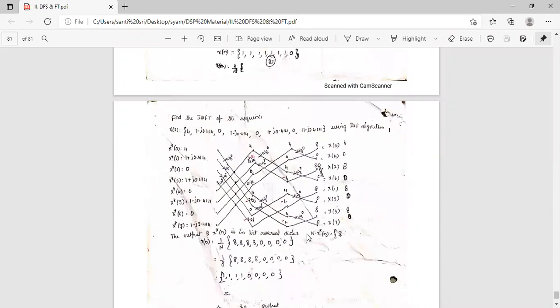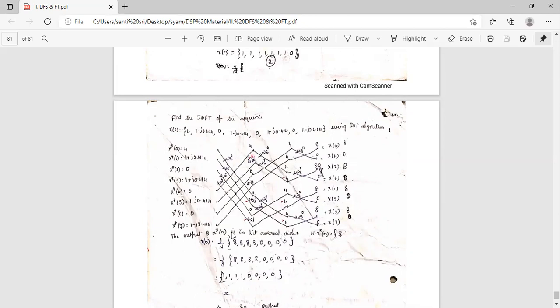Next, find the IDFT of the sequence given using DIF algorithm. So here the order will be normal order and here will be bit reversal order. So normal order these values are given. Using the same procedure we will solve this problem so that we will get bit reversal values like this.